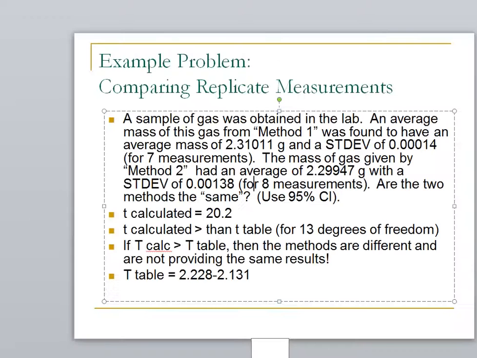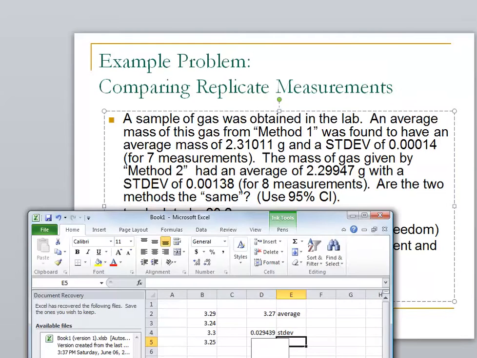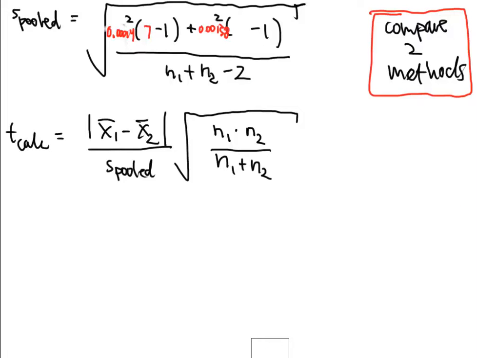And the problem tells me that we did that 8 times. So in the equation, an 8 will go there. And then we have an N1 and an N2 down here as well. So that needs to be erased. N1 was a 7, and my N2 was an 8. So a 7 goes there, and an 8 goes there. Okay, so there's the S pooled part of the equation.